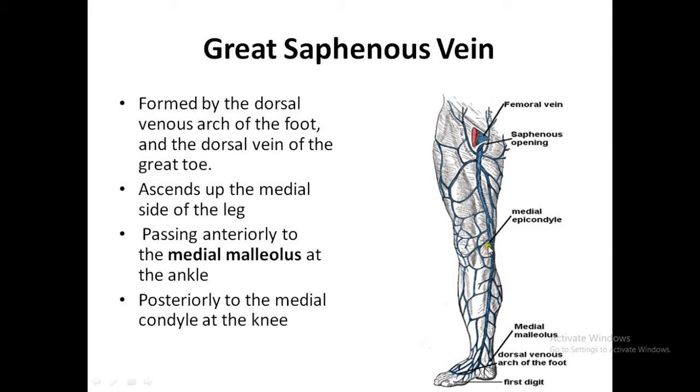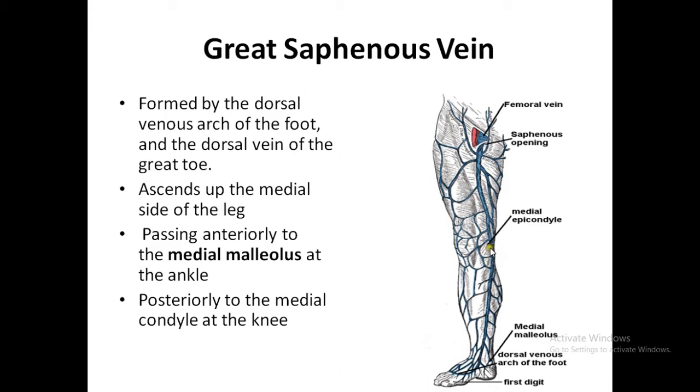This is the medial epicondyle of the knee, and at its level the vein becomes posterior. So the great saphenous vein, which runs medially throughout its course, comes to lie posterior at the level of the medial condyle of the knee.